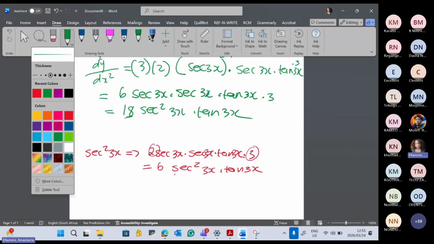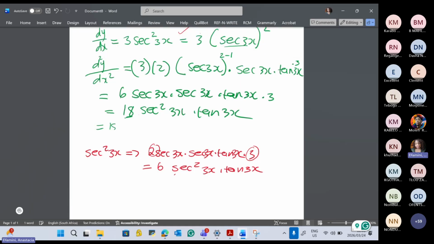So then this is equal to 18 times 6 sec squared 3x times tan 3x times tan 3x. Are we all okay there? Yes, ma'am. It takes us back to 108.